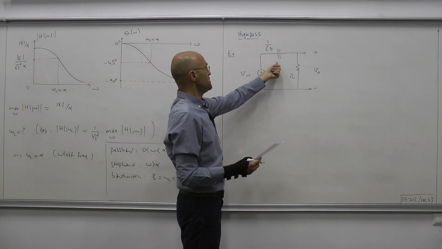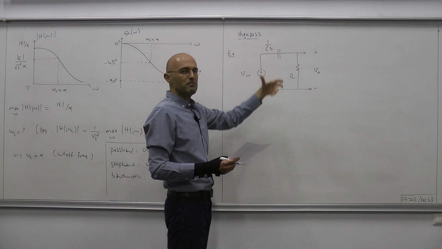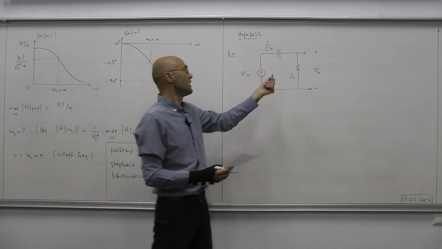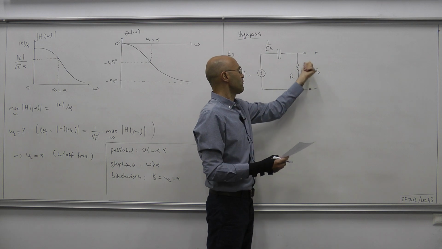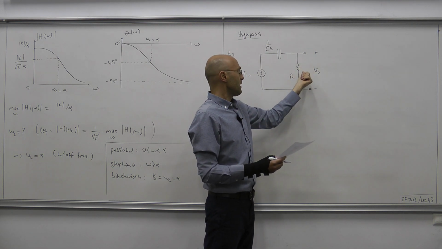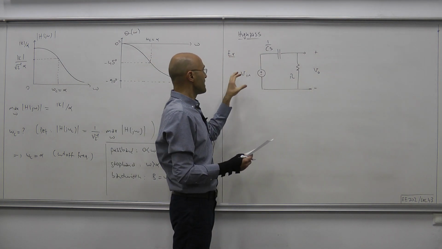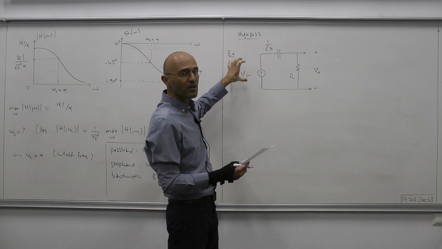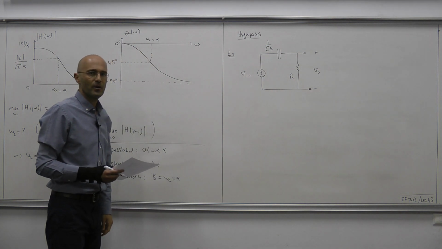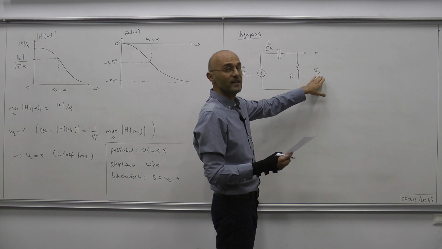At DC steady state, the capacitor behaves like an open circuit. So at low frequencies, the capacitor behaves almost like an open circuit, and therefore there will be very little current flowing over the resistor R. Little current means little voltage, so at low frequencies, not much of the input signal will be observed at the output.